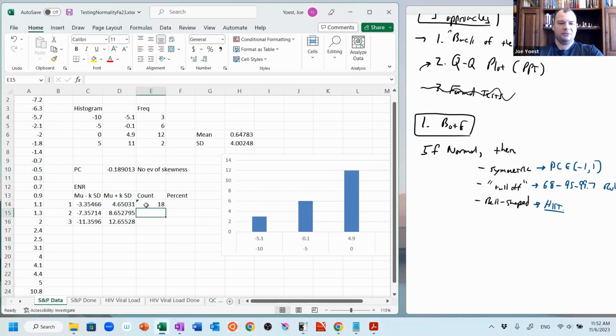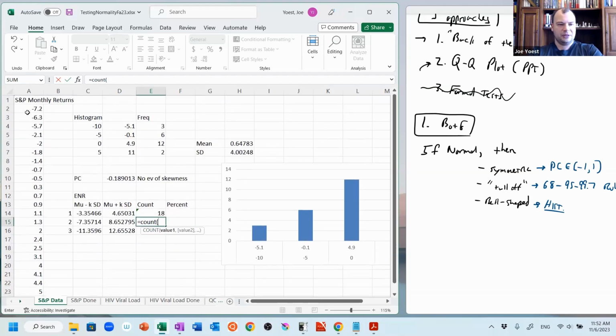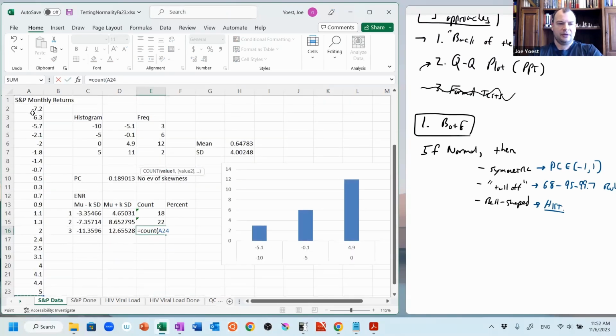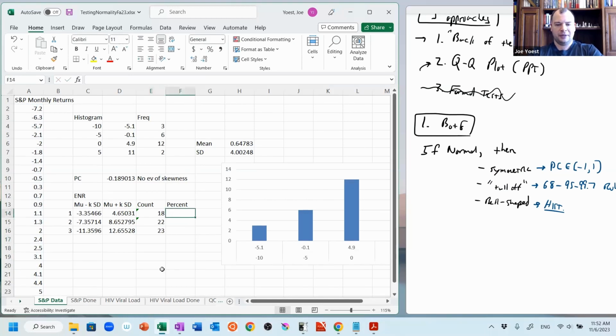I could maybe come up with some fancy formula, but in this case, it's easier to code it in like this. So here I want to count all the data points with a value between negative 7.3 and positive 8.6. That's everything from the lowest number up through everything from 1 below the highest. And then negative 11 to positive 12 includes everything.